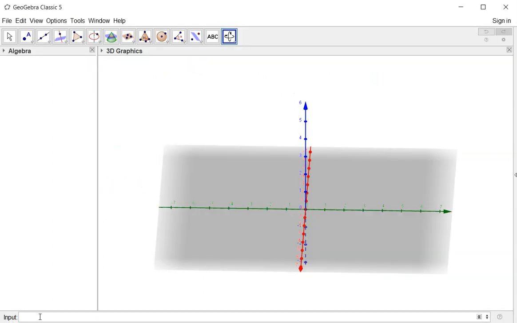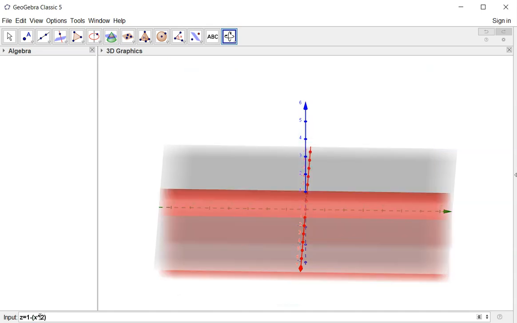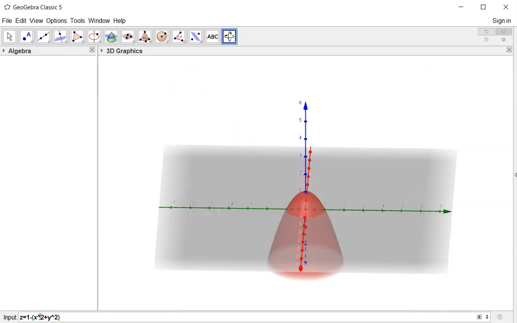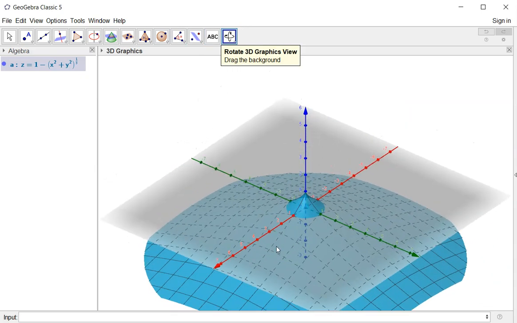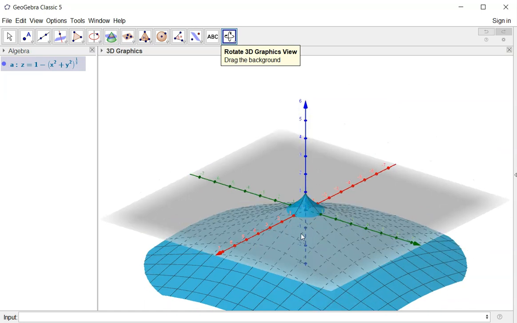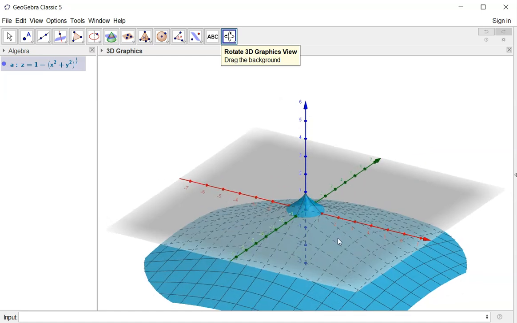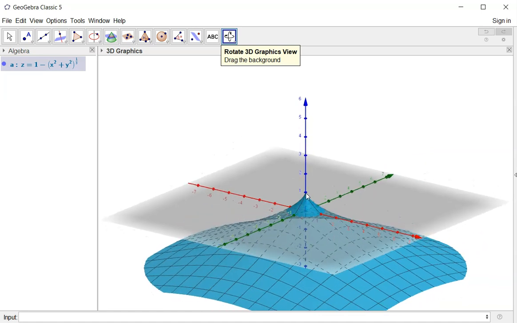We have z equals 1 minus quantity x squared plus y squared raised to the 1/3 power. Right over the origin, you go straight up. You can see there's a pointy top, a tip, right here. It seems like we have a relative maximum there.